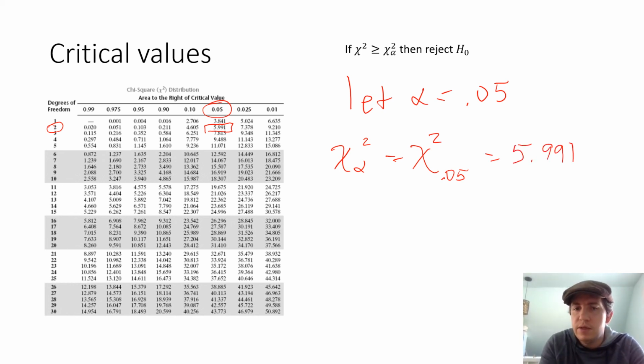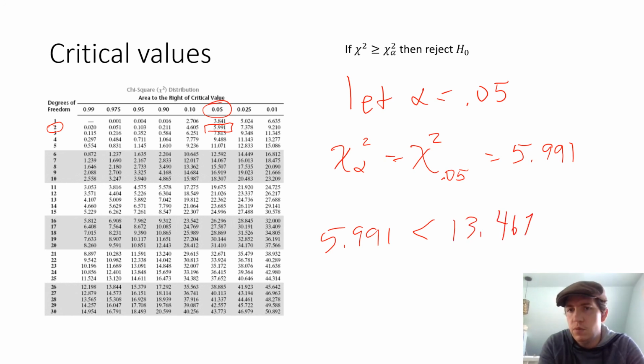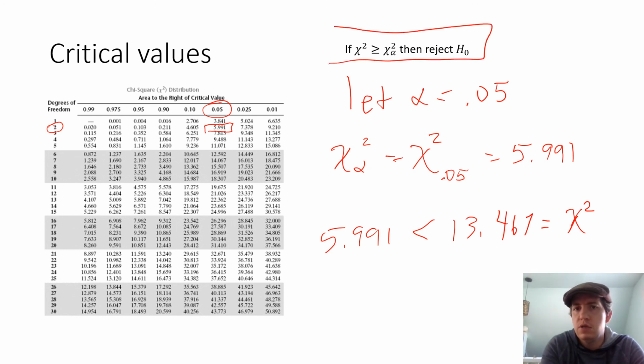Now 5.991 is less than our big, huge chi-squared of 13.467. Just like before, if chi-squared is bigger than chi-squared alpha, that critical value, then we reject the null hypothesis. Since this happened, we're going to reject the null hypothesis.